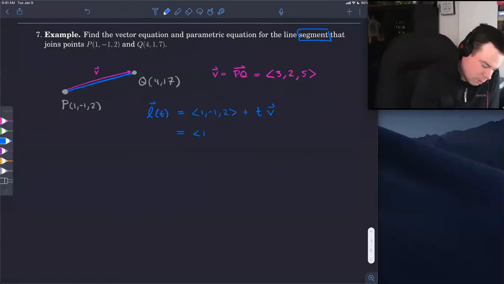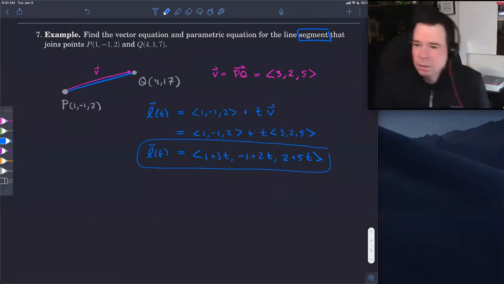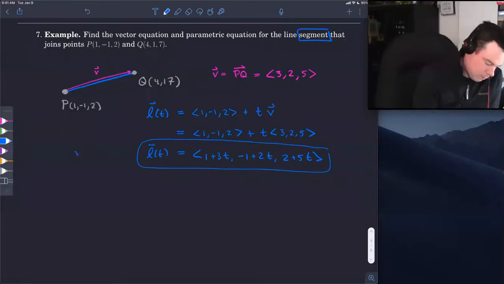So this would be <1, -1, 2> plus t times <3, 2, 5>, or we could write it as <1 + 3t, -1 + 2t, 2 + 5t>. So there is our vector equation of the line.